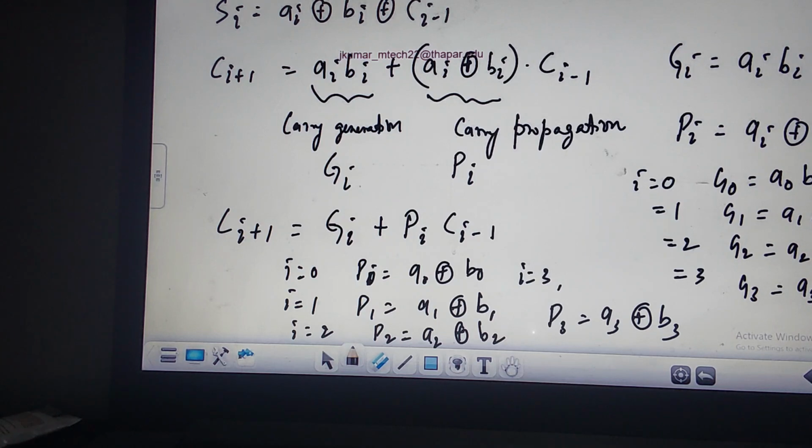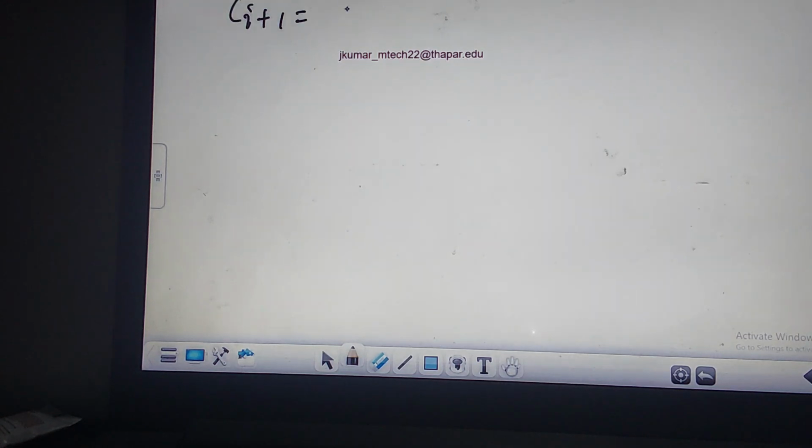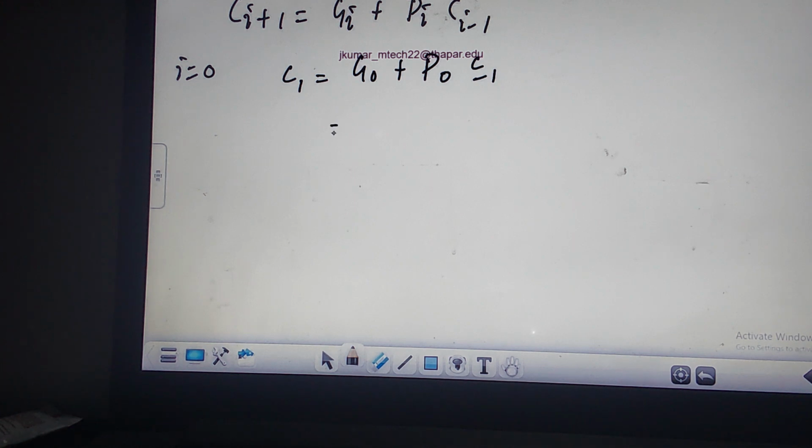How to generate the carry? What is the carry expression? CI plus 1 is equal to GI plus PI CI minus 1. If I put I equal to 0, C1 is equal to G0 plus P0 C minus 1. Correct. So G0 is A0 into B0, and P0 is A0 XOR B0, into C minus 1.